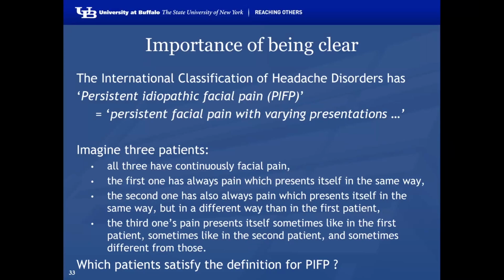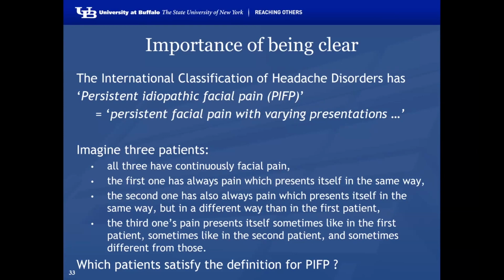Now, that classification is used by clinicians. When they see a patient with some pain in the face, clinicians need to decide whether that patient has a disease called persistent idiopathic facial pain, on the basis of the definition. Now imagine that you have 3 patients. All 3 have continuous facial pain; it's persistent. The first one always has pain which presents itself in the same way. The second one also always has pain which presents itself in the same way, but in a different way than in the first patient.